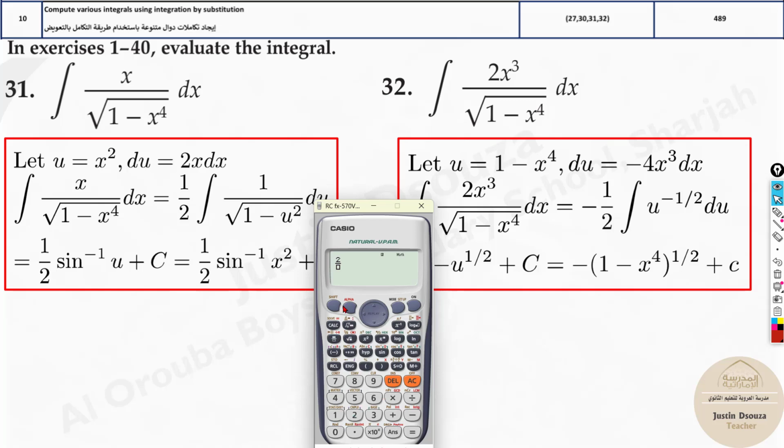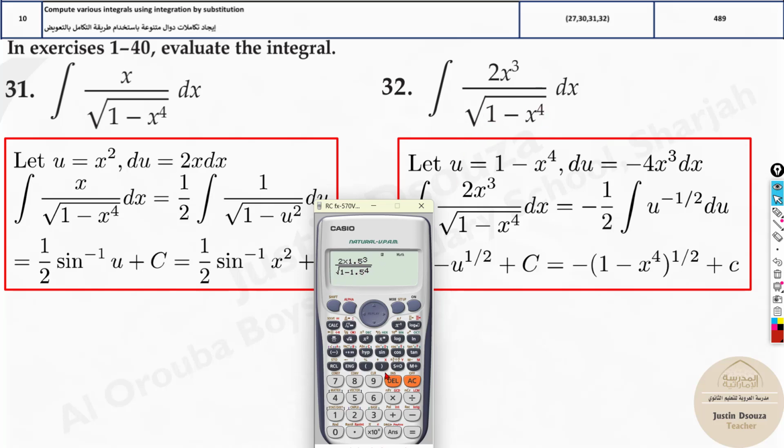I'll type 1.5, but I think it's going to be an error, power 3. And what happens over here is square root of 1 minus 1.5 to the power 4. Why it's an error is because inside the square root it became a negative number, which means it's an imaginary number.